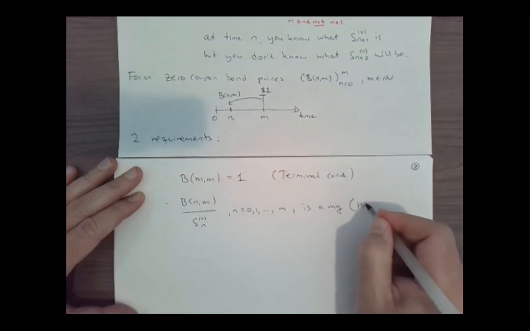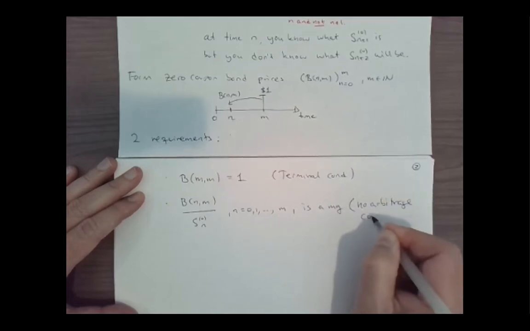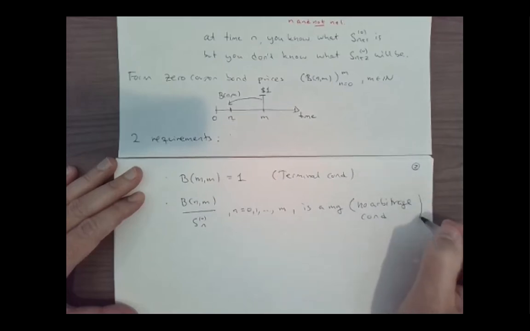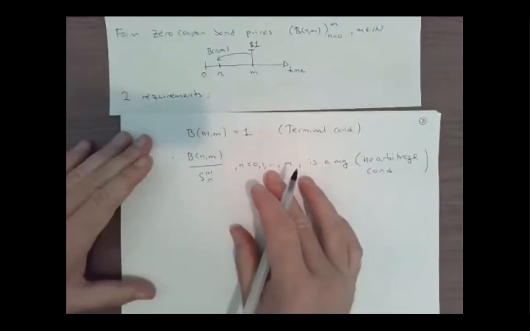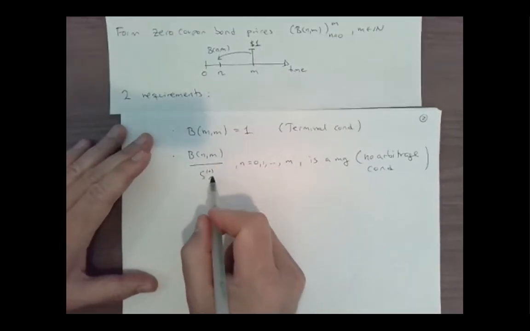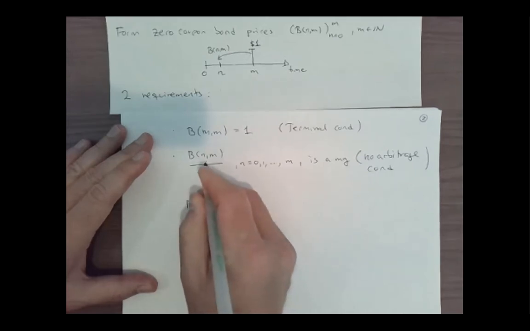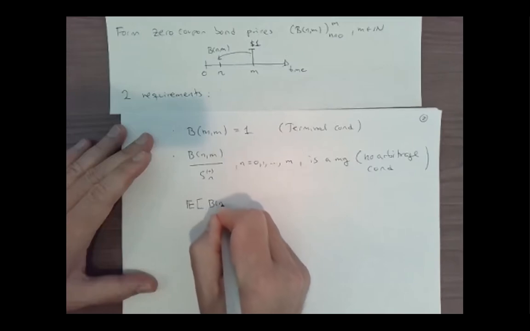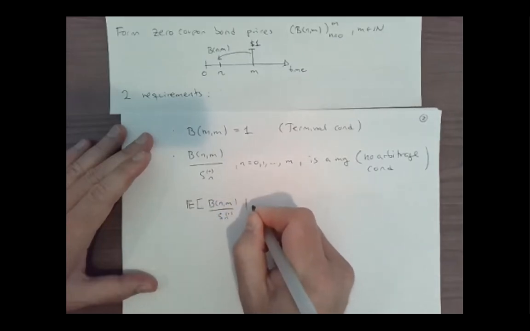So this here is the no arbitrage condition. If you combine these two, what are we led to? We're led to saying that if this is a martingale, then I'll have that condition here.